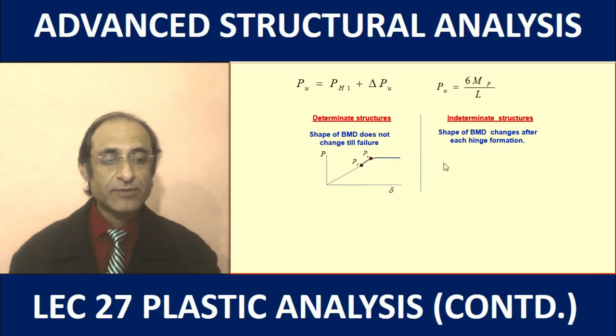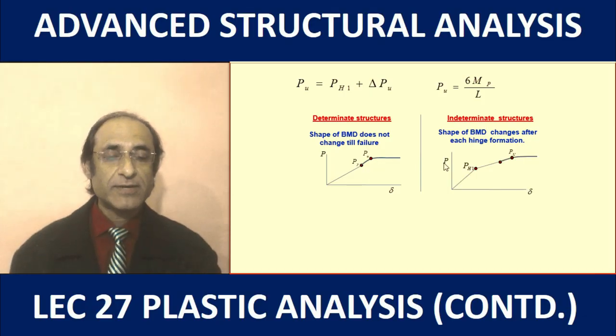Now in the case of the indeterminate structures, for example the structure we just saw, the propped cantilever, we find that the region before the yield point is bilinear. This happens because before the development of the first plastic hinge, the structure had a different configuration.